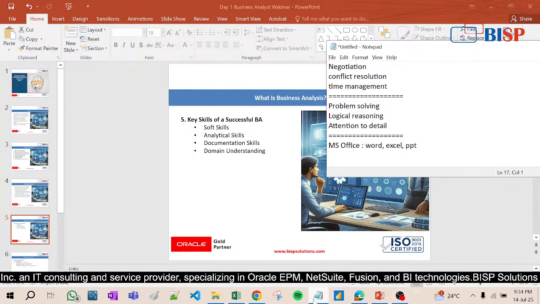And there are some other tools called Visio, Jira, Confluence. All these are the tools which are used for documentation and managing the team, especially managing the team, correct? So these are the documentation skills which are required for a business analyst, right? You should be very good in English communication as well as preparation of documentation.